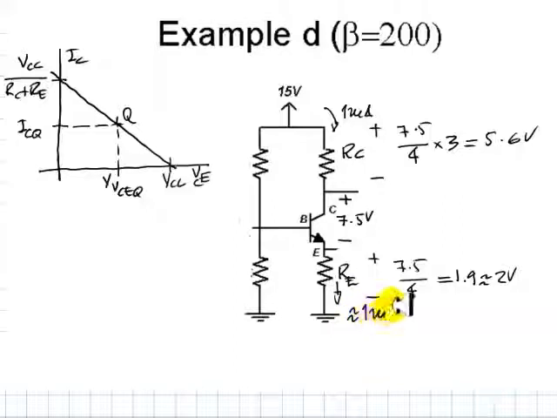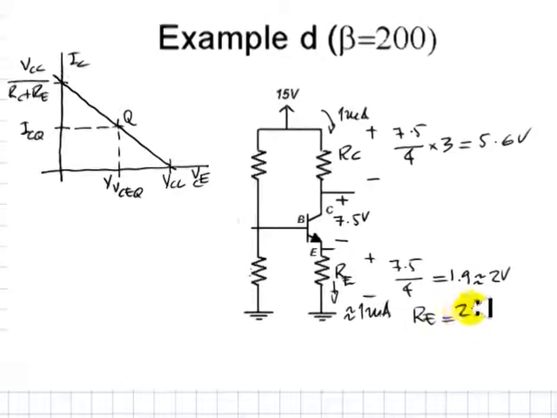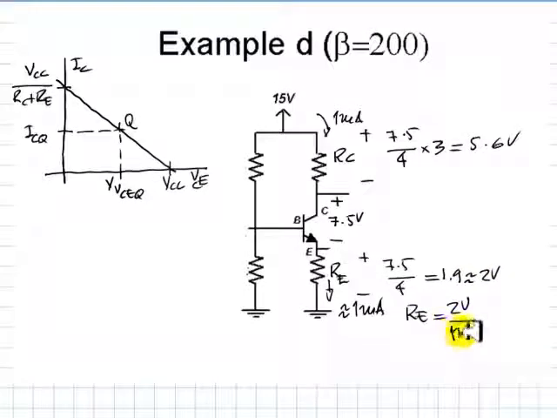We know that. Then we can make an approximate computation and say, well, if this is 2 volts and the current is 1 milliamp, then RE will be 2 volts divided by 1 milliamp, that is, of course, 2 kilo ohms, and that is how we found this one.